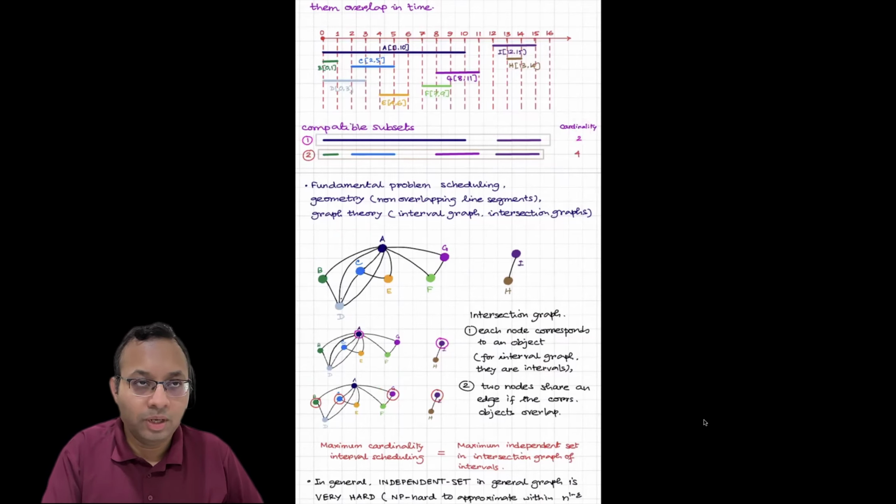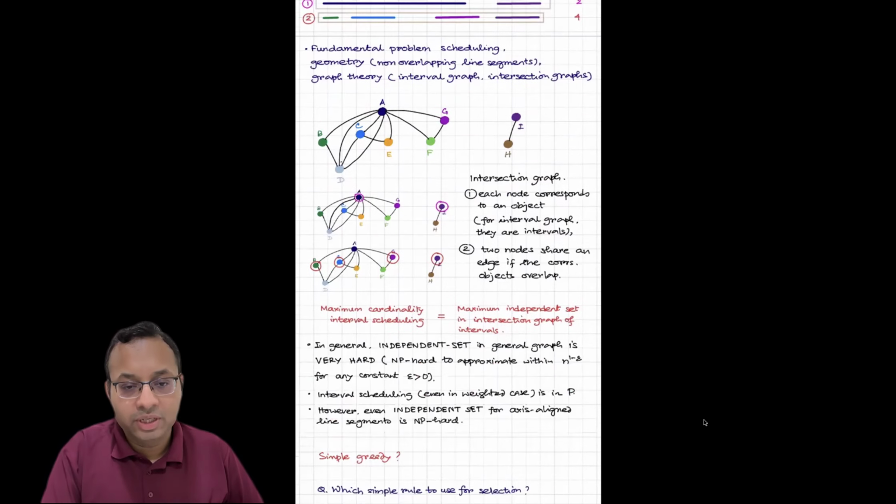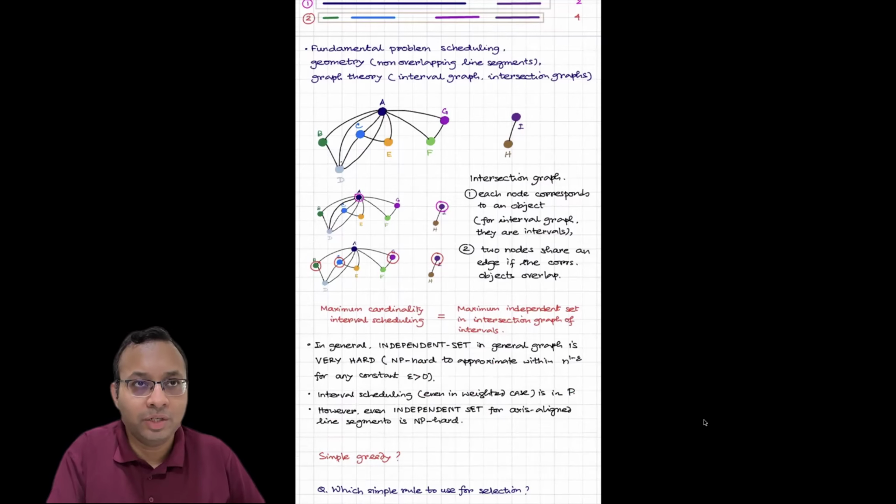I'll not formally define independent set. I'll talk about it probably later when we talk about NP-hard problems. But in general, for general graphs, independent set is very hard. In fact, there is something called an approximation algorithm, which will again come later, which says that given a graph with n vertices, it's very trivial to find an independent set of one vertex. And that tells you it has an approximation ratio of n. We can have at max n vertices and we have at least one, so the n by 1 ratio is n.